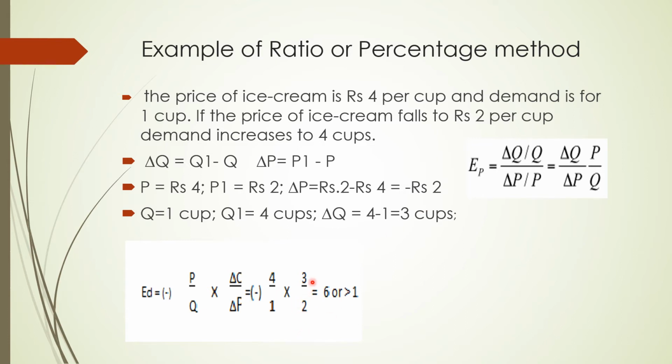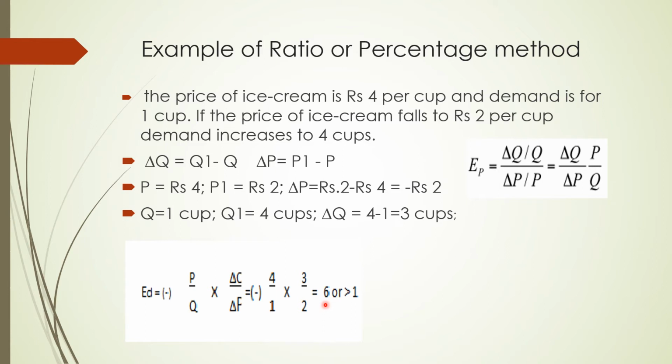So we write everything here, and when you solve, you get the answer 6. Your answer is 6. So 6 means it is more than 1. So ED is greater than 1, and it is termed as relatively elastic demand. You will remember relatively elastic demand. It means here demand changes more in comparison to price.